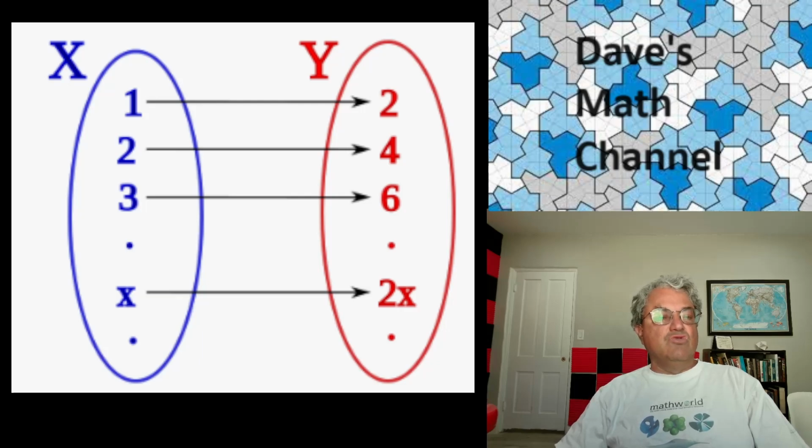This is a bijection as well, because we can map the element 1 of X to the element 2 of Y, 2 in X to 4 in Y, 3 in X to 6 in Y. And in general, we can map the element small x in big X to small 2x in big Y. In other words, every element of X is just matched up with its double in Y. So that proves that the set of all positive integers has the same cardinal number as the set of all positive even integers.